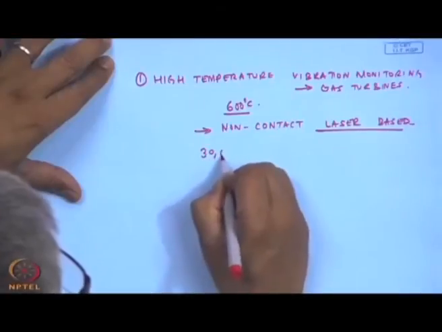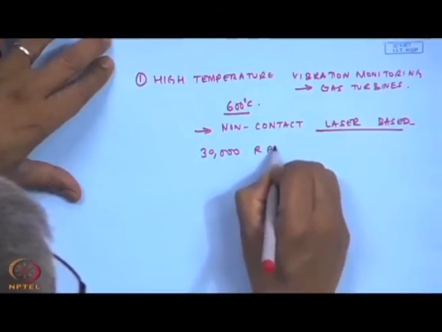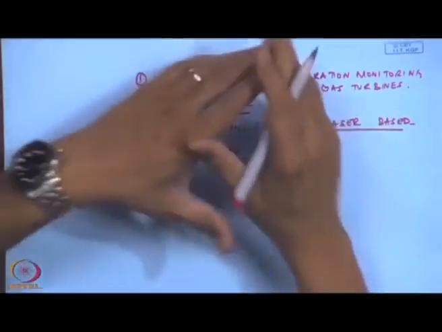We are talking about speeds of 30,000 RPM. At such high rotational speeds, you will see that the unbalance forces are so high that they can have a determinant effect on the bearings. Again, what type of bearings do we need, particularly in land based systems?